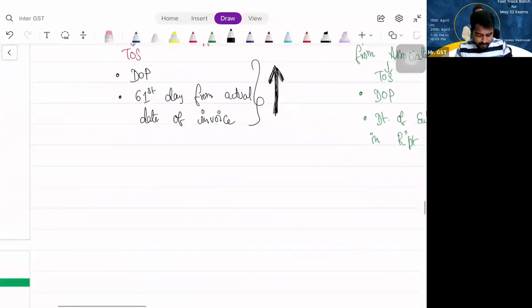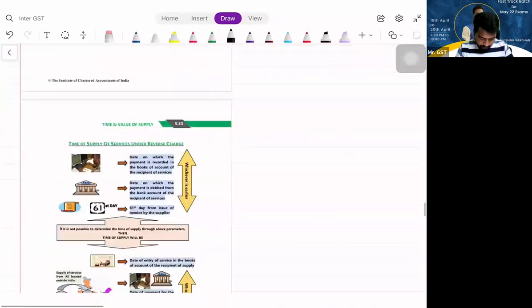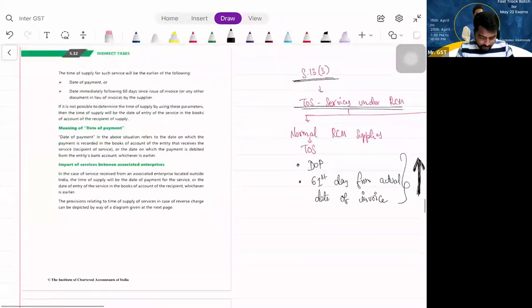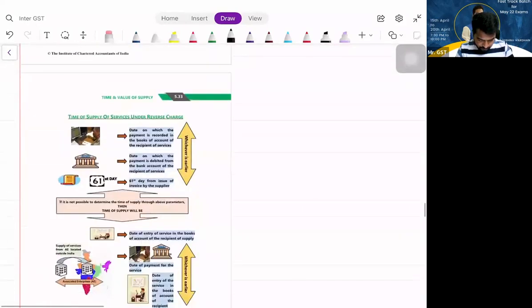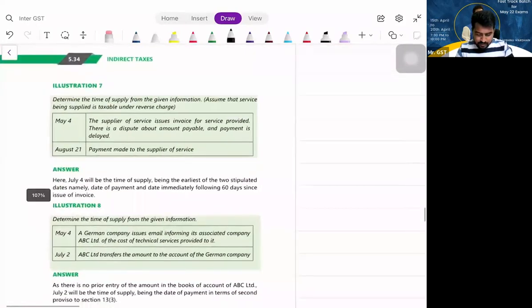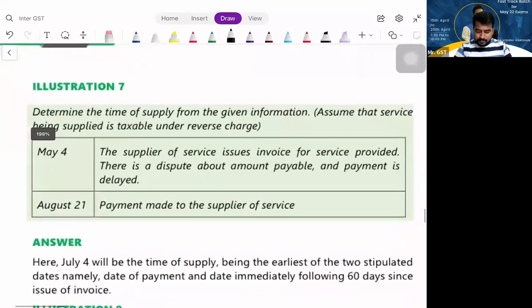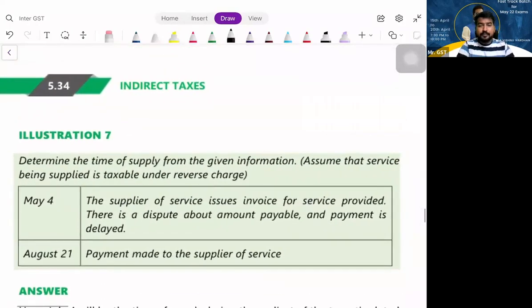See now, look at this illustration. Hope you have taken the screenshot there. Look at illustration number 7. Make it fast. What is the answer? Determine the time of supply of services.